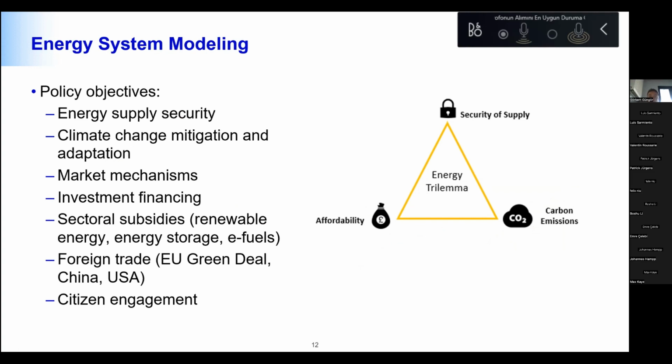And historically, we can define this as an energy trilemma, where we cannot maximize the security of supply, the energy security, we cannot minimize the carbon emissions, and we cannot minimize the total costs at the same time. We have to implement policies so that we can have innovation and better consumer behavior, so that we can achieve this dynamically in the medium to long term.